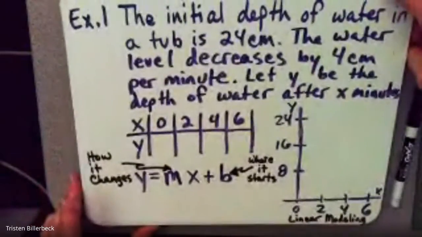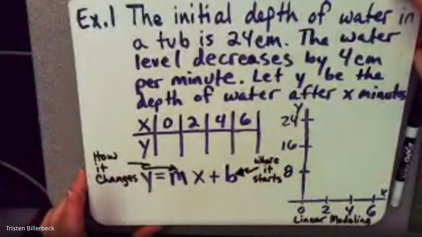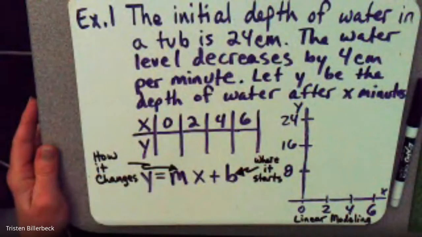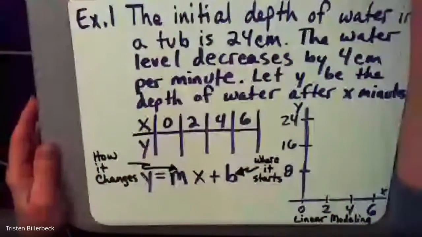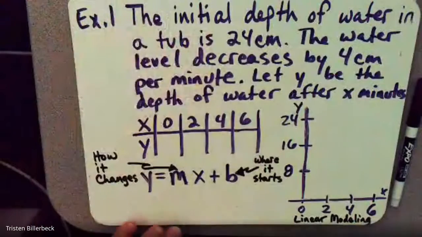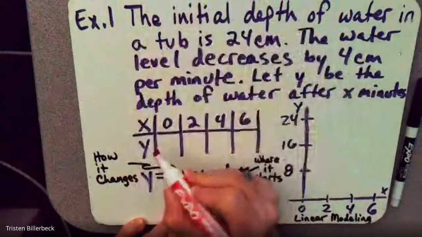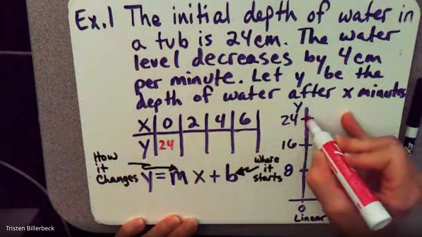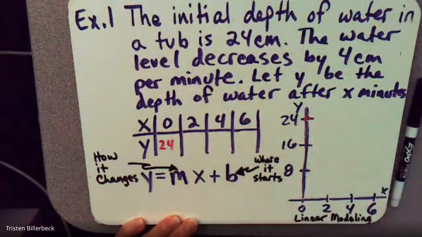So let's practice that. The initial depth of water in a tub is 24 centimeters. The water level decreases by 4 centimeters per minute. Let y be the depth of the water after x minutes. So at time 0, the initial depth was 24, so we're going to put a little point right here at 24.